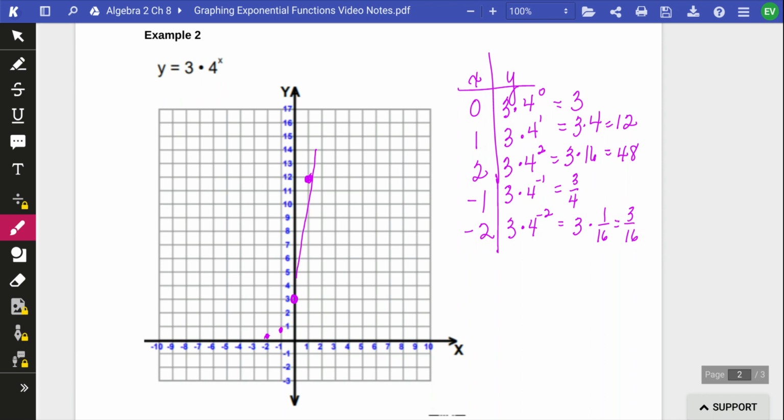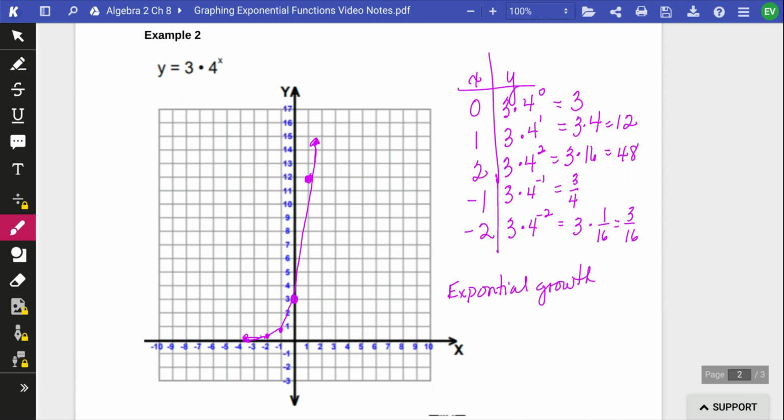And if I draw my curve, you can kind of see that this is kind of opposite of the first example. Because everything is increasing from left to right, we say that this is exponential growth.